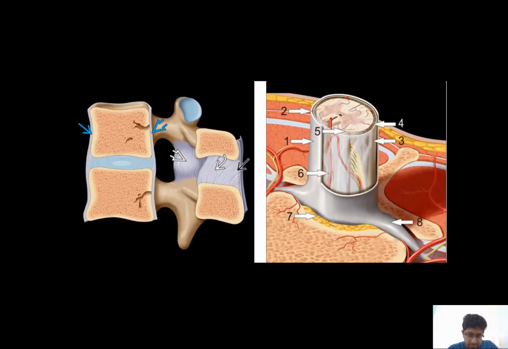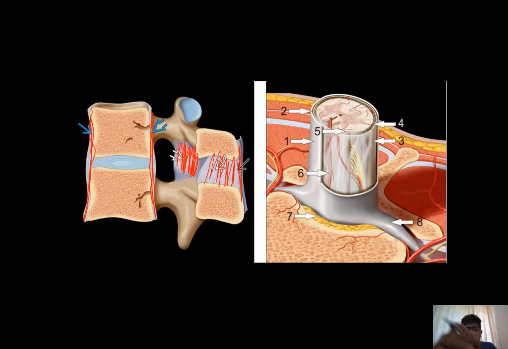Now each vertebral body and the spinous process, all these are attached together by the ligaments. As I told previously, there is the anterior longitudinal ligament attaching the anterior surface of the vertebral bodies, and the posterior longitudinal ligament attaching the posterior surface of the vertebral bodies, and the lamina are attached to each other by a ligament called ligamentum flavum, and two spinous processes are attached by a ligament called the interspinous ligament, and on top of each spinous process there is a ligament called the supraspinous ligament.